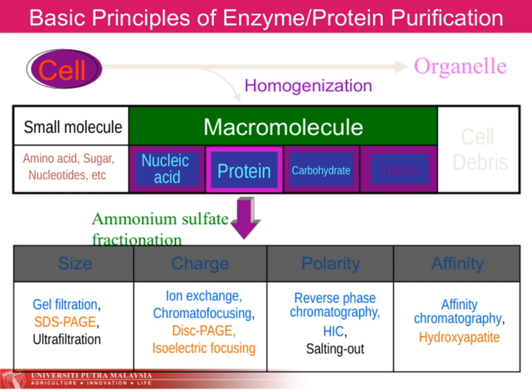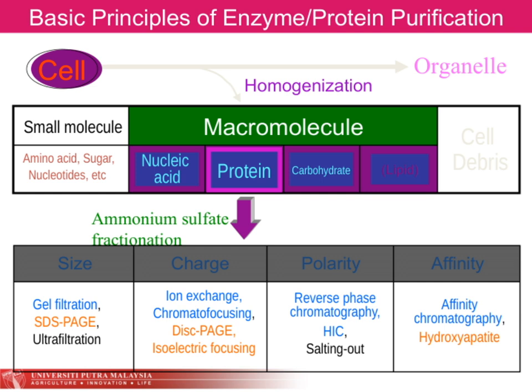Gel filtration, also known as size exclusion chromatography, sorts proteins by size, and SDS-PAGE provides a way to determine the molecular weight of proteins by denaturing them and running them through a gel. Ultrafiltration is a membrane-based technique used to concentrate or desalt protein solutions.